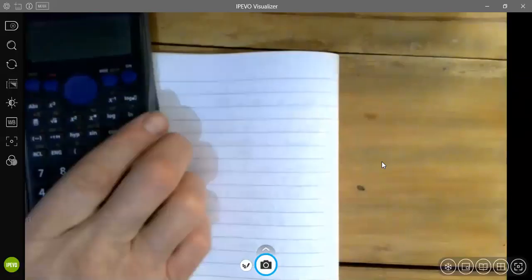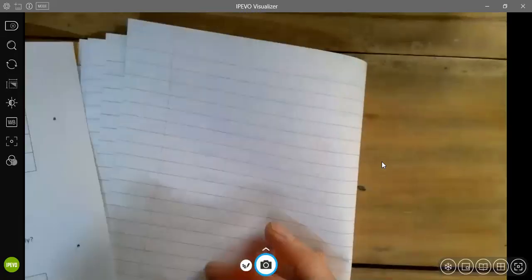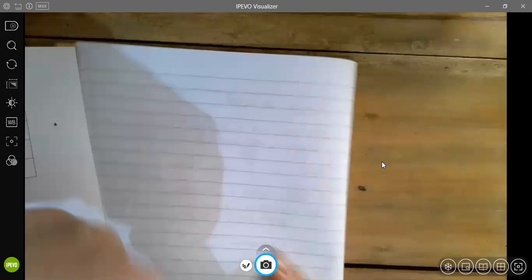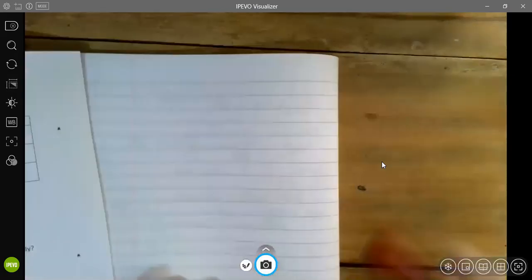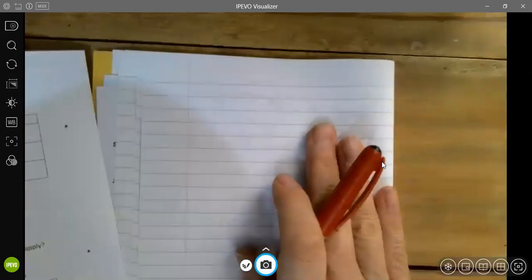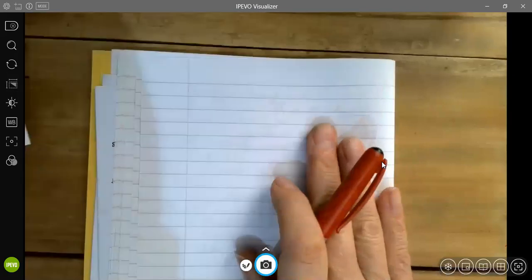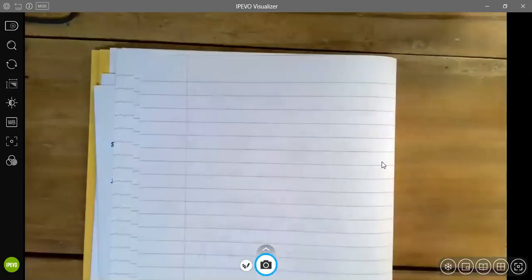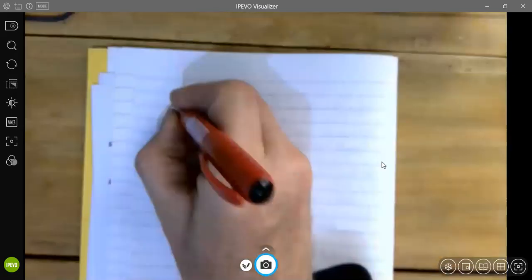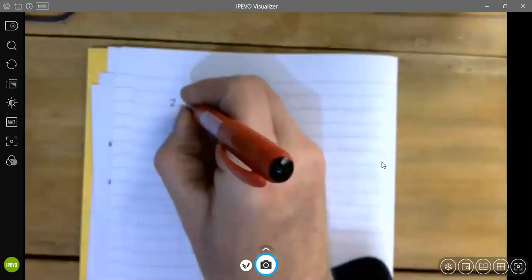Okay, I'm just going to do a few of these. What we've got is you've got to give the term, symbol and units for acceleration, force, and mass. We're going to do question number 2A.